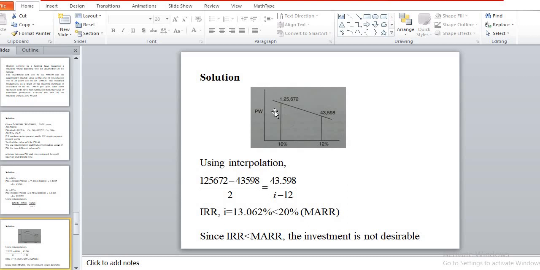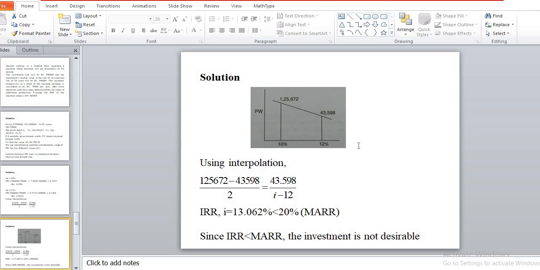As we move to the right, the interest rate increases, but the present worth value decreases, so that at a particular interest rate I after 12%, the present worth value becomes 0.